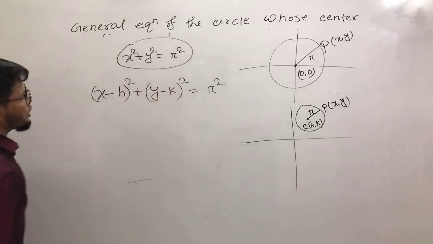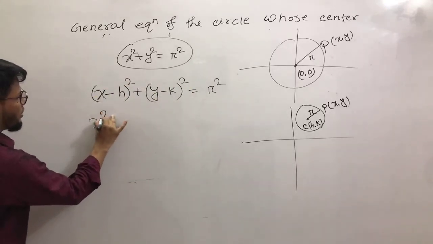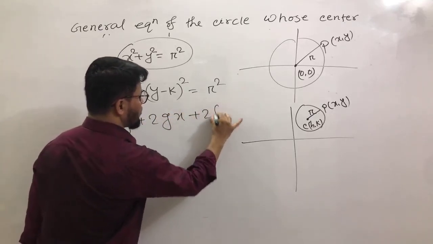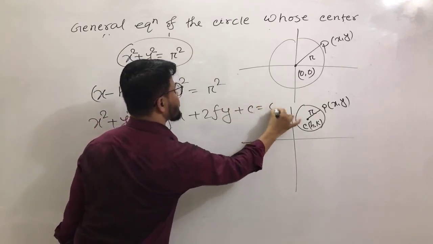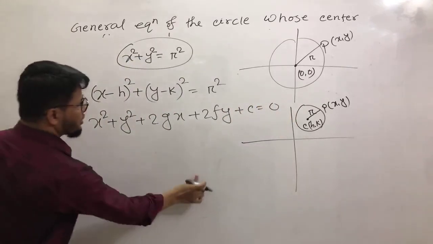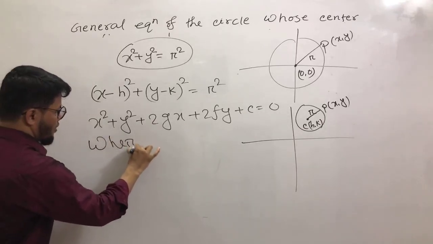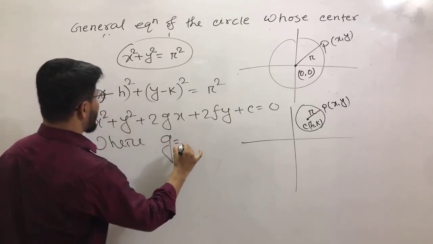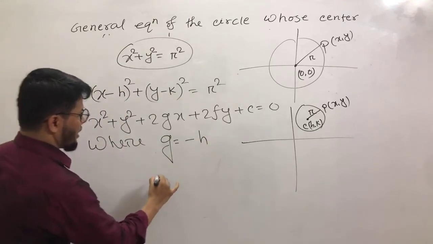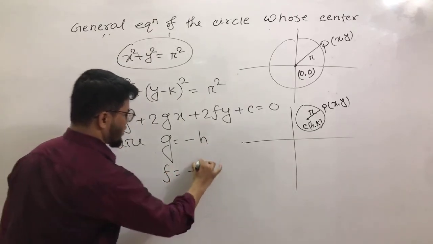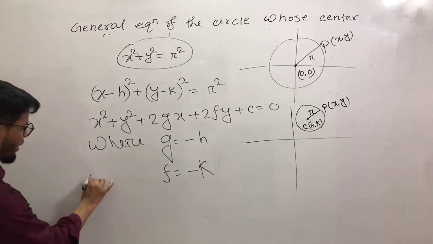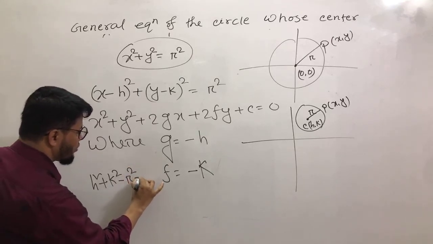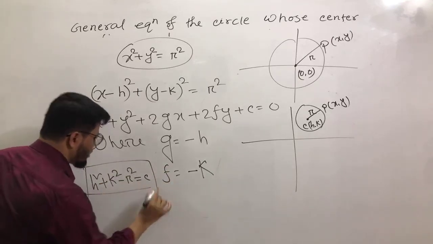And successively doing calculation from this equation, we can convert it into x square plus y square plus 2gx plus 2fy plus c equals 0, where g equals minus h and f equals minus k, and h square plus k square minus r square equals c.